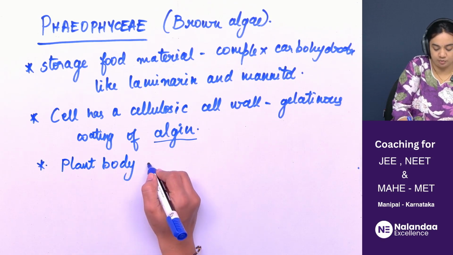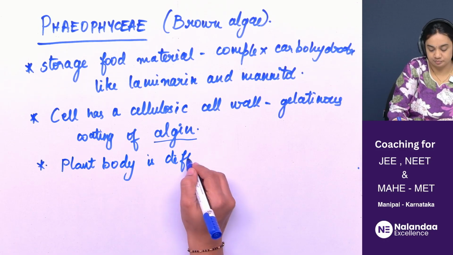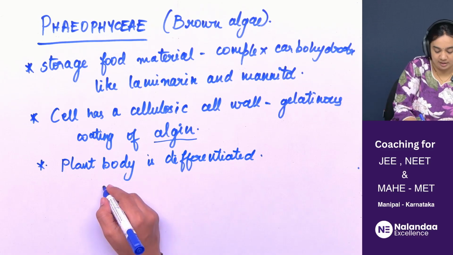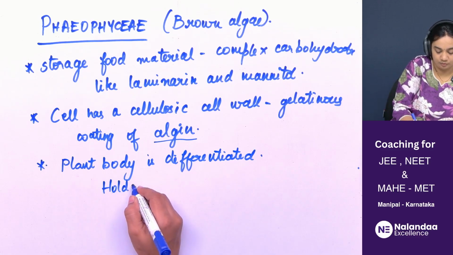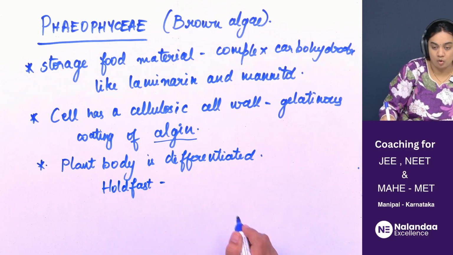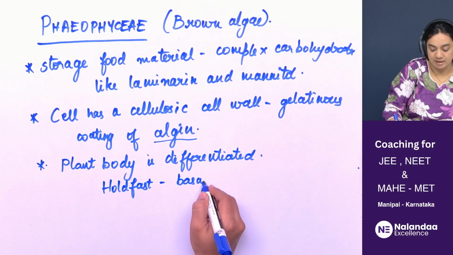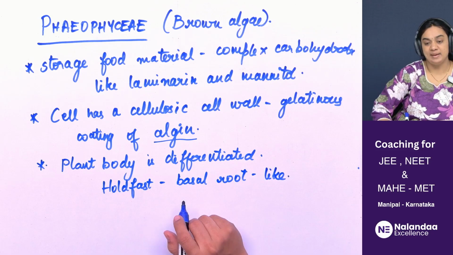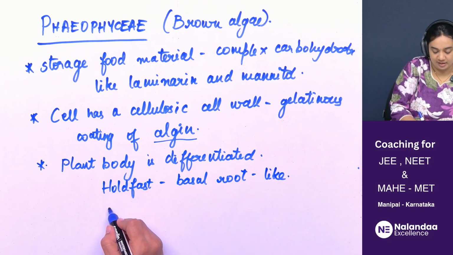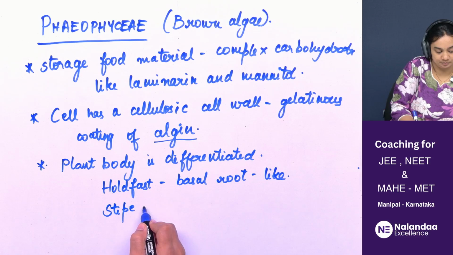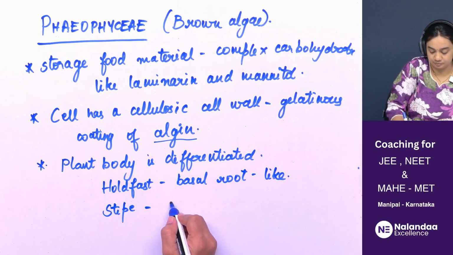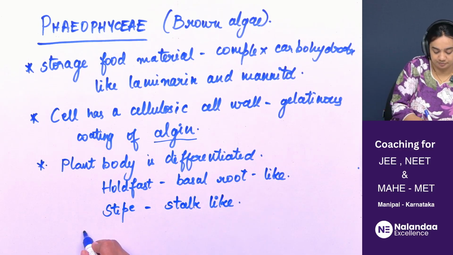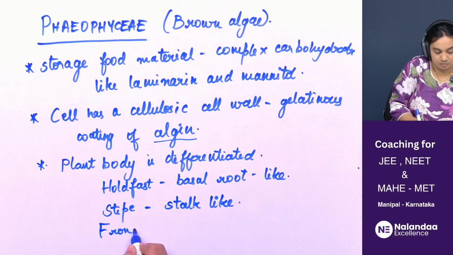Okay, and then the plant body is differentiated into three parts. Number one is the hold fast. Hold fast is the basal root like structure. Then there is the stipe, a tiny stalk like structure. And then the frond.